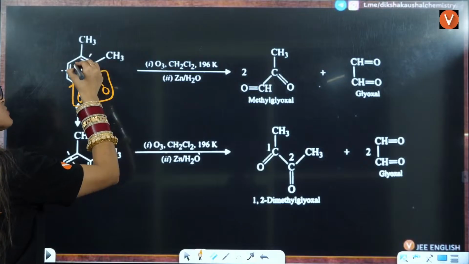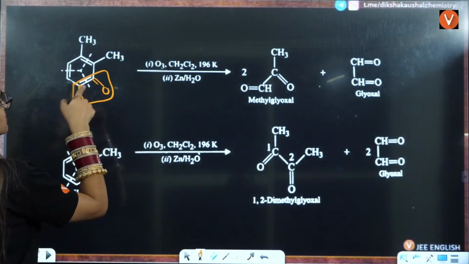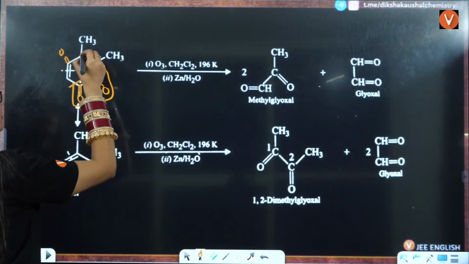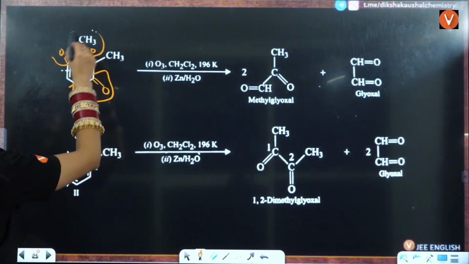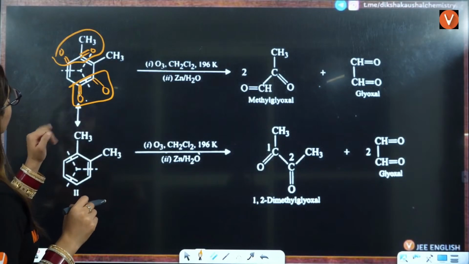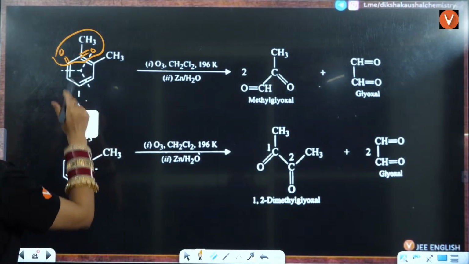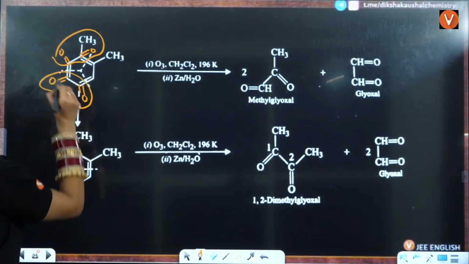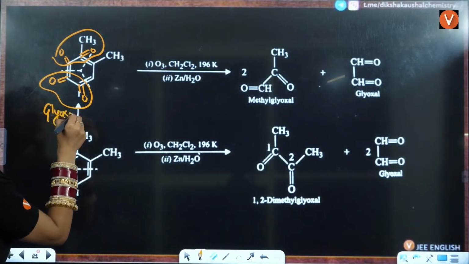If you see this part here, this is double bond, this is double bond. Break the double bond, this will be double bond O, and this also will be double bond O. That is going to give you this group, right? That is going to give you this glyoxyl.